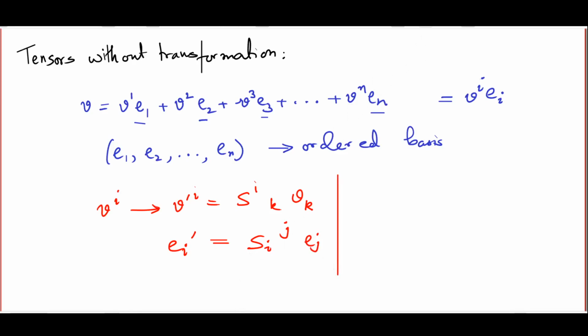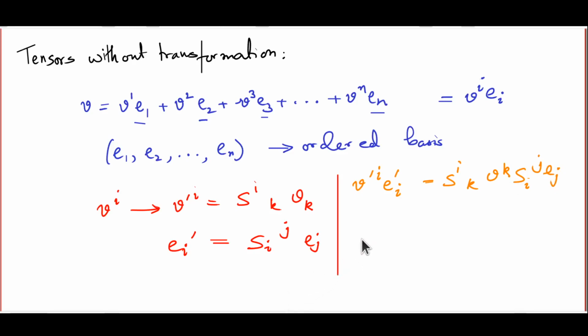Let me just show you how this works out in practice. The transformed components, seen as coefficients of the transformed basis vectors, give you V prime i E prime i, which is a vector described in the new basis. But what is V prime i? It's S^i_k V^k, and E prime i is S_i^j E_j.